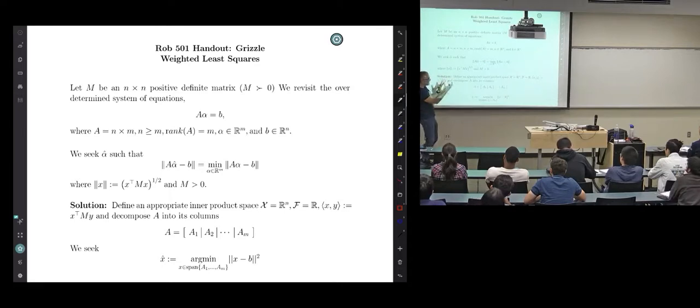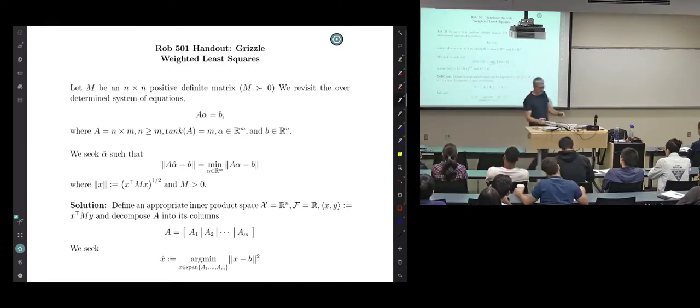And where I have a lot of uncertainty, I make those entries in M smaller so that errors there contribute much less to my norm, okay? That's why you do a weighted least squares. You put heavy weight where you're confident and low weight where you don't know very much, so mistakes there don't contribute to what you're doing.